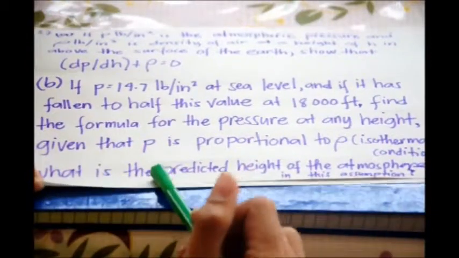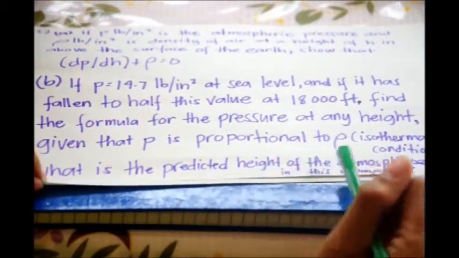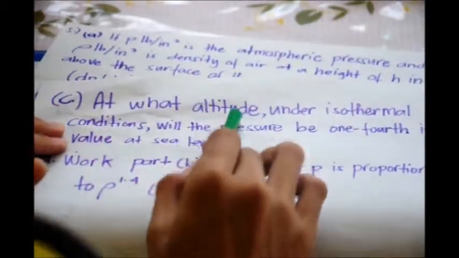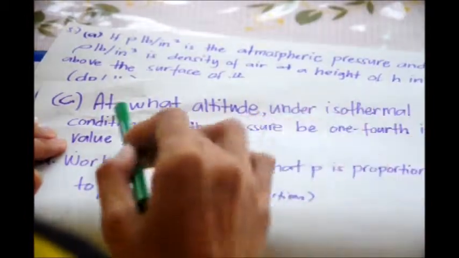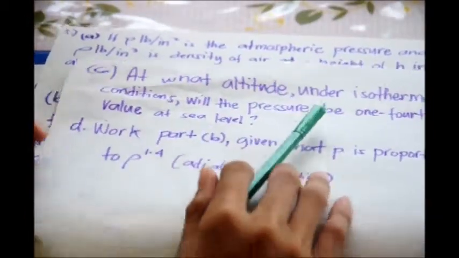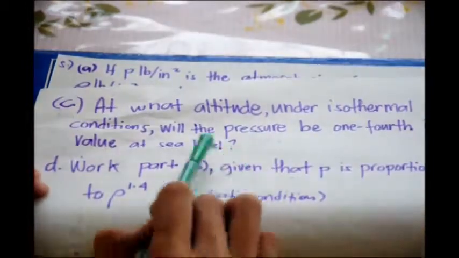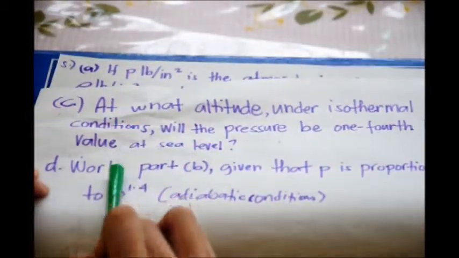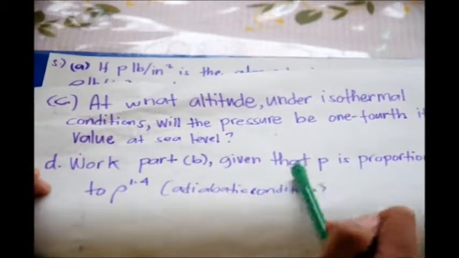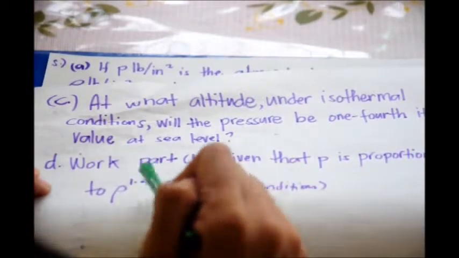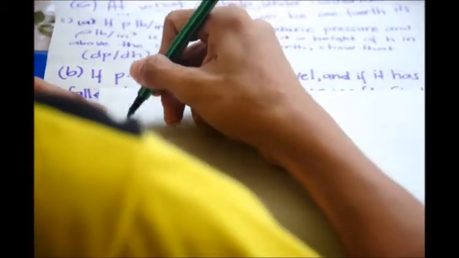What is the predicted height of the atmosphere in this assumption? At what altitude under isothermal conditions will the pressure be 1/4 its value at sea level? For letter D, work part B, given that P is proportional to rho raised to 1/4.